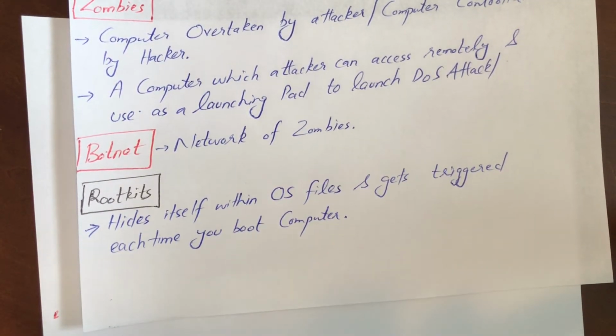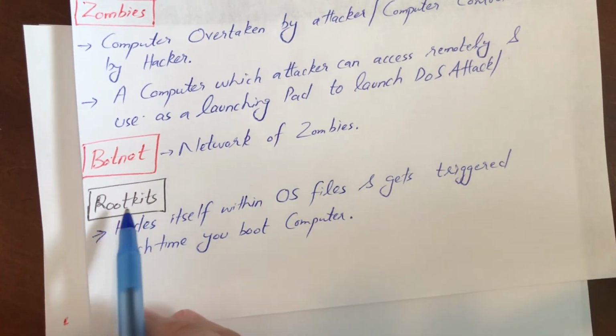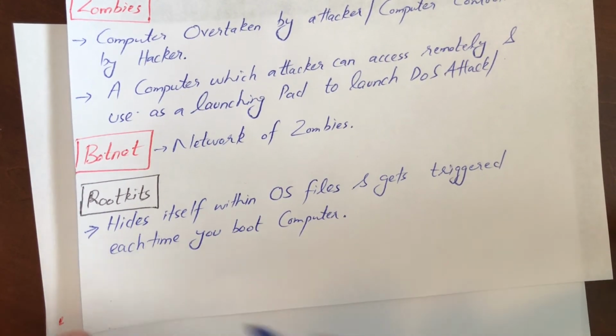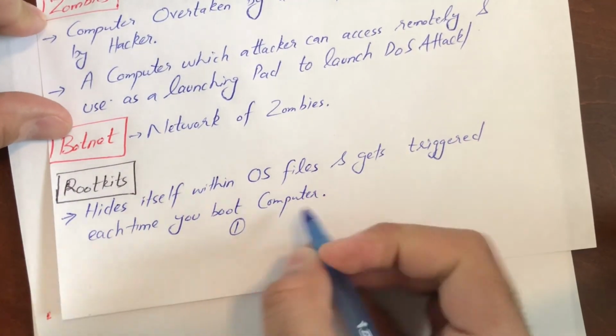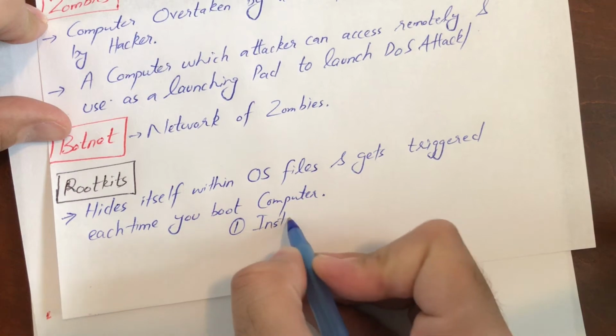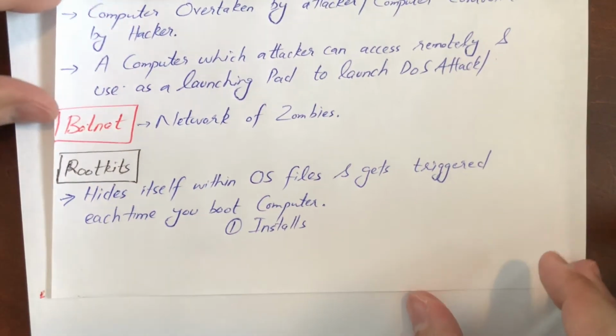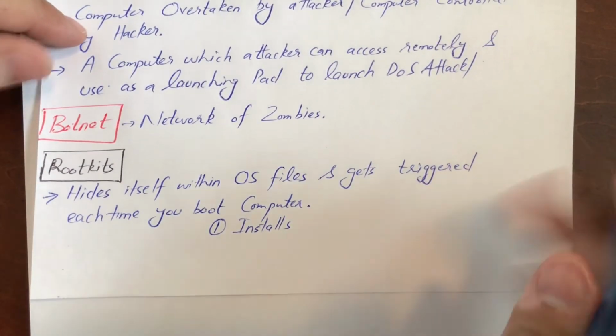Moreover, it hides existing viruses. It's kind of a facilitator of existing viruses. For example, if there is any malware, virus or worm in your computer, the Rootkit will try to hide it from being detected. Other than that, there are three more things a Rootkit does. Number one, it installs rogue files.